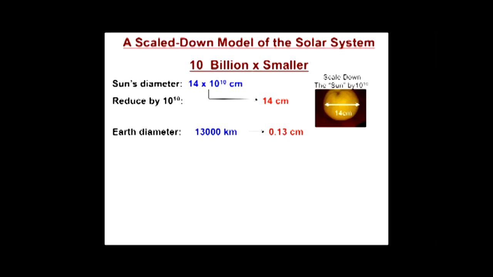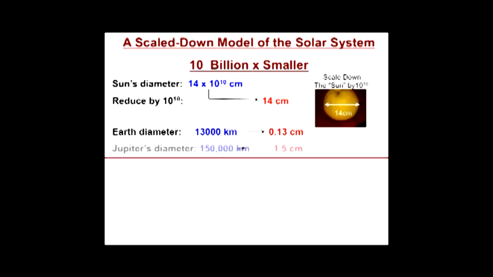So I hope you don't mind if I brought an enlarged Earth. This is the Earth, huge on this scale. The Earth should be the size of a little fleck of a grain of sand on the beach. And so here we have the sun and the Earth roughly to scale. Even have the colors right.